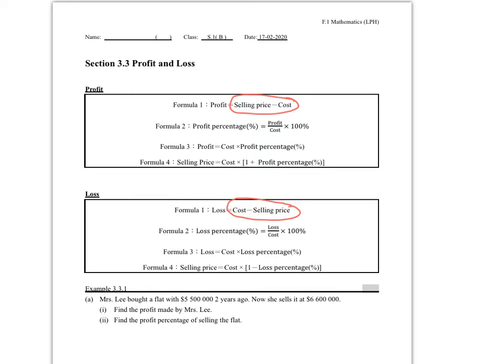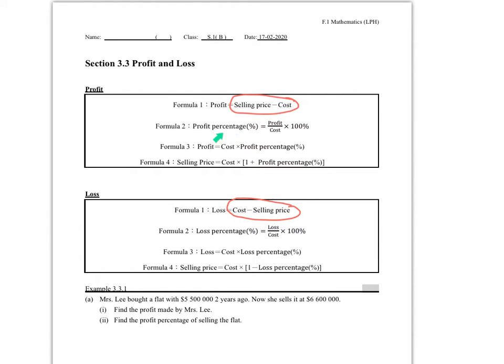The position of selling price and the cost is different. Because if the owner can earn money, then the selling price is higher than the cost. So for the profit is equal to selling price minus the cost. If the owner suffers a loss, then the selling price is less than the cost. So the formula should be cost minus selling price.